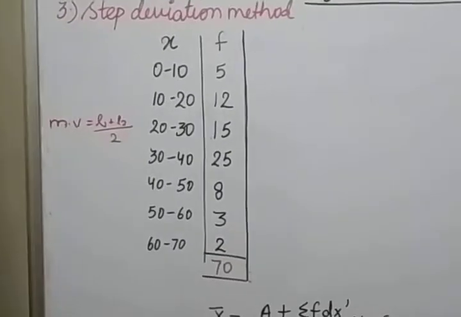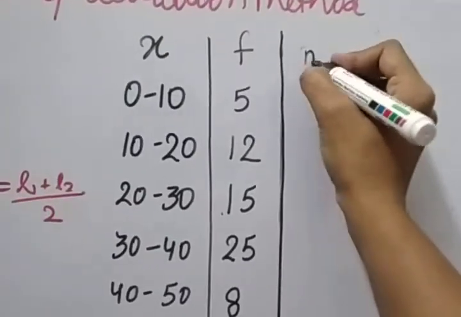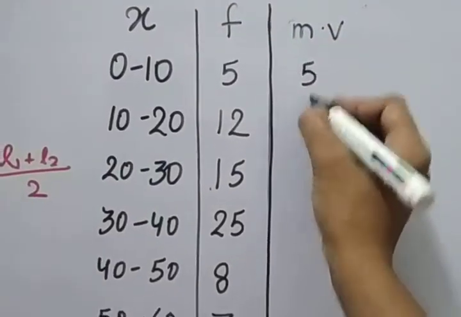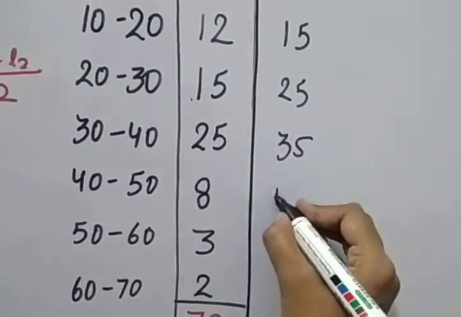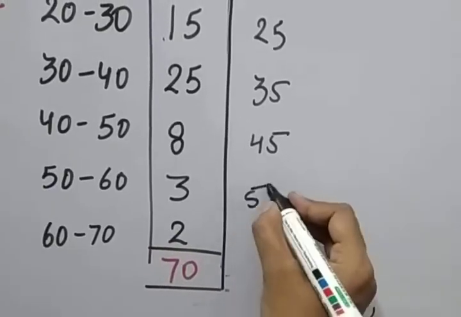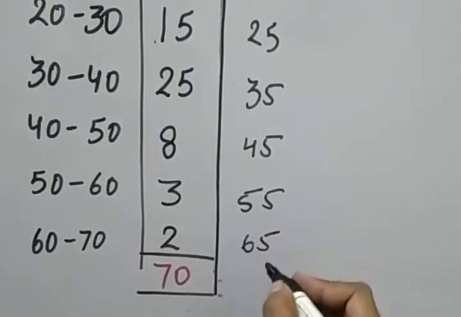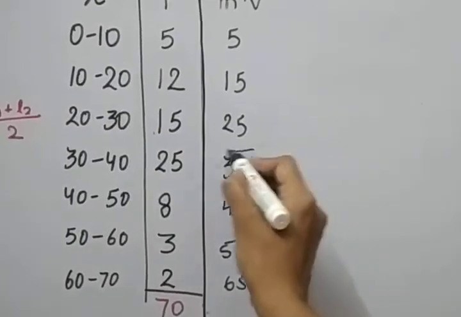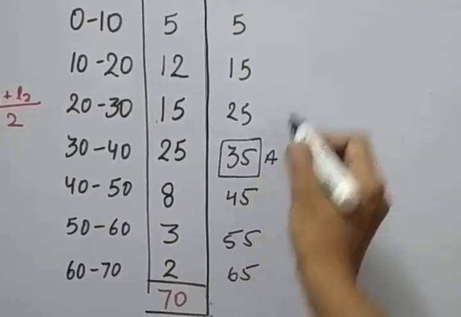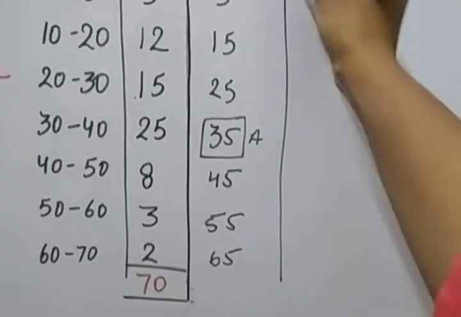First of all, x is given, f is given, so mid values 5, 15, 25, 35, 45, 55 and 65. Next step, from the mid value assume any one number. So this is our A. So now we will get dx.